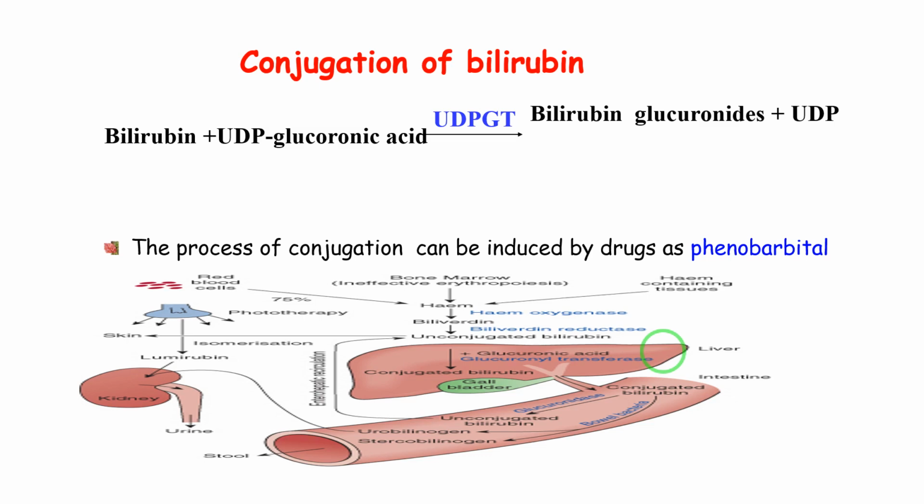So they give the baby phenobarbital in a calculated dose, and this will induce the UDP glucuronosyltransferase and convert the unconjugated bilirubin to conjugated bilirubin so that it can be excreted from the body. Otherwise, if it remains in high concentration in the body, it may precipitate in the brain and cause brain damage to the baby.